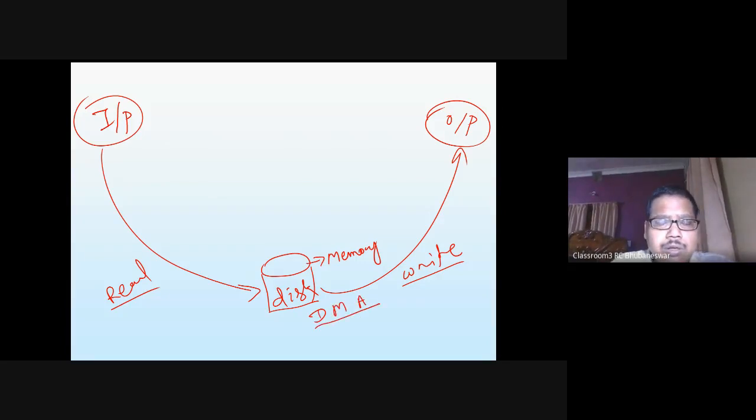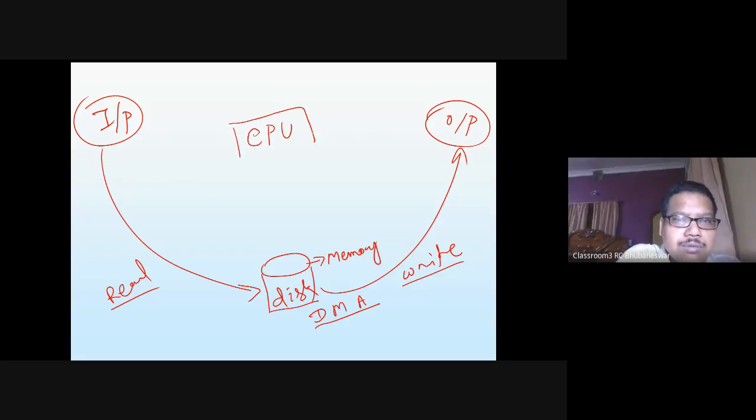So this is normally called direct memory access. You are accessing the memory during reading and writing, but you are doing this directly. Why directly? Because now the CPU is free from that work.